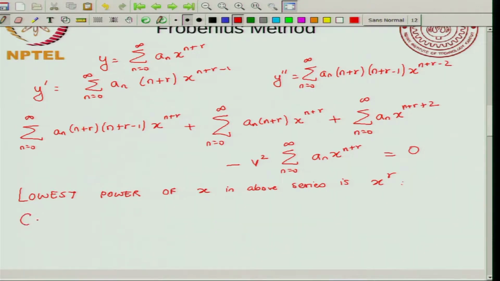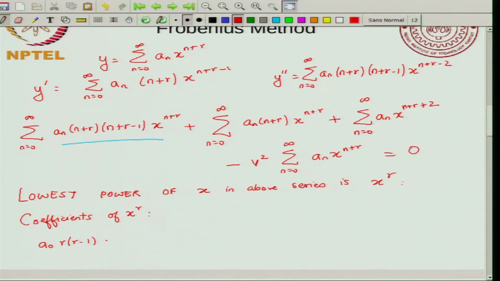Okay, now you look at the coefficient of x raised to r. In this sum you have to have n equal to 0. So if n equals 0 in that sum, what you will get is a0 into r into r minus 1, and then you have x raised to r.